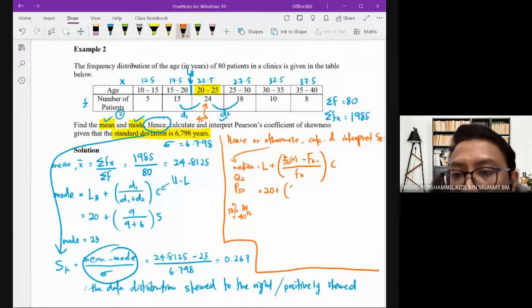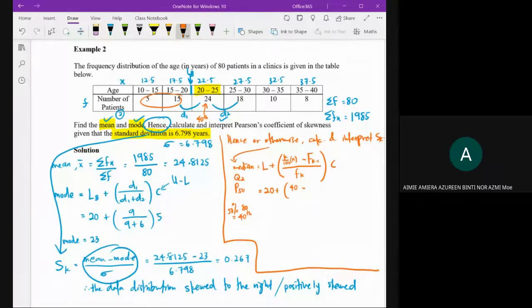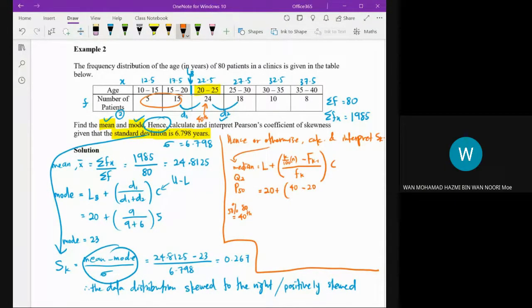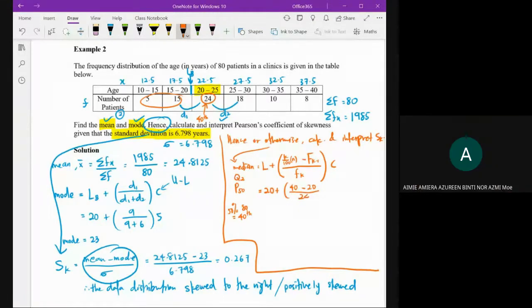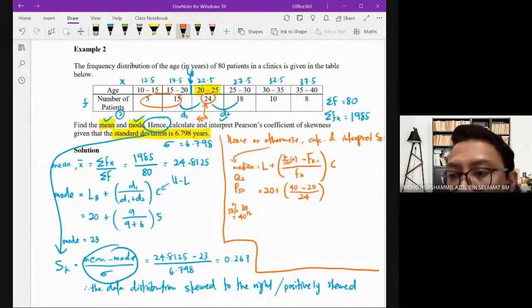The data that we want, the 40th data, minus total before, which is 15. We have to subtract everything before that, because we want to divide by the current class frequency, 24. And then times C. What is your C? 5.